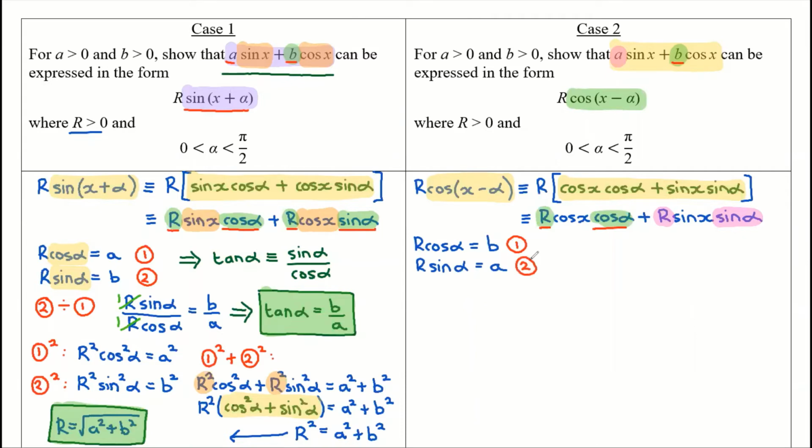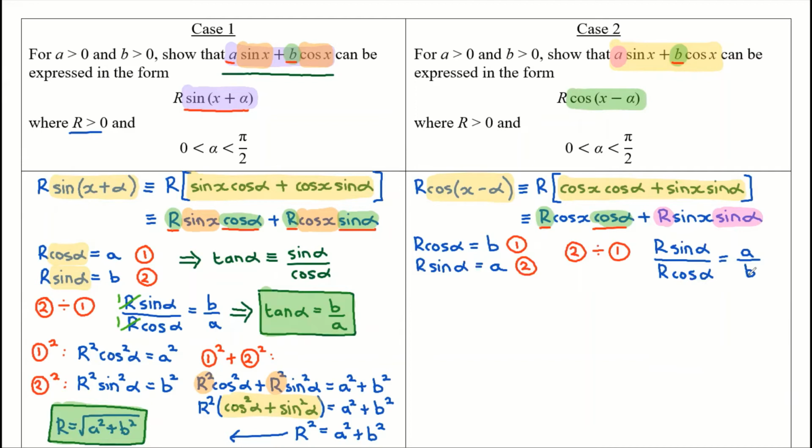And we can use the same identity. We can use the tan identity to work out what alpha is. So again, we will do equation 2 divided by equation 1. So we're going to have r sine alpha on the left-hand side of that equation, divide that by the left-hand side of equation 1, so that's r cos alpha, is equal to, now it's going to be a over b this time.